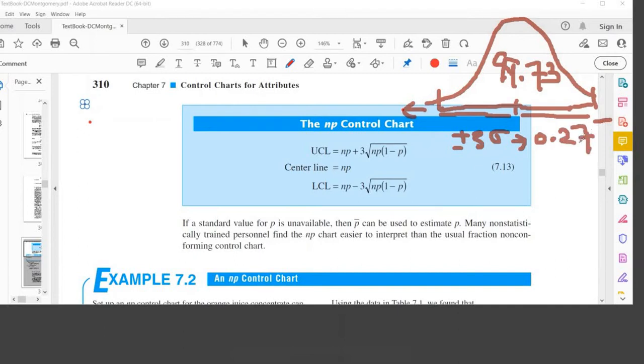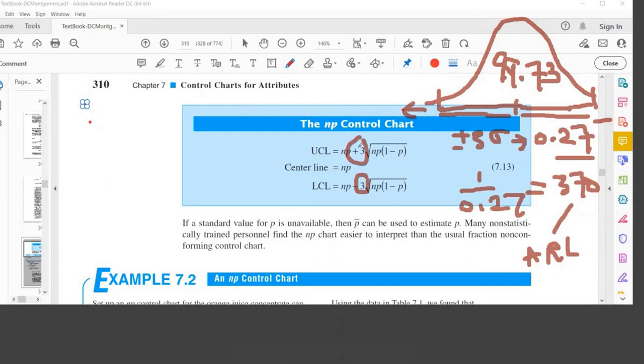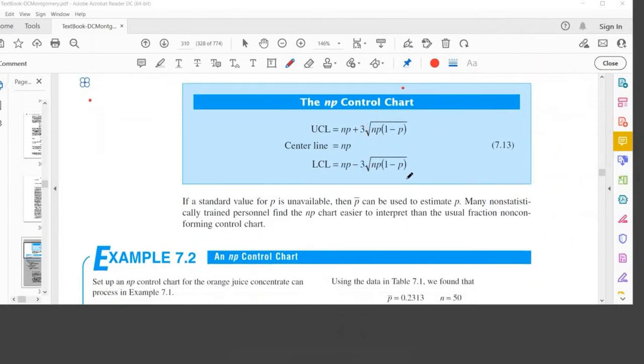You still remember, in the X bar chart we have 1 divided by 0.27, you get 370, which we call the average run length. So that's why we always have 3 here. This is the control limit, upper control limit, lower control limit. Okay, let's move on to see the example.